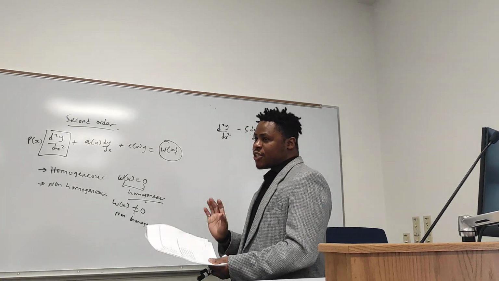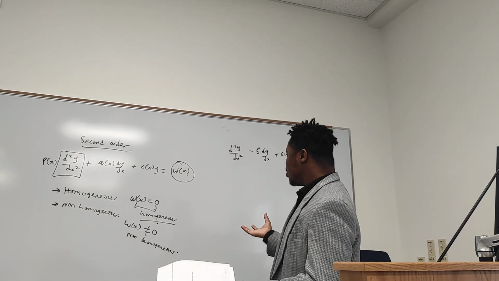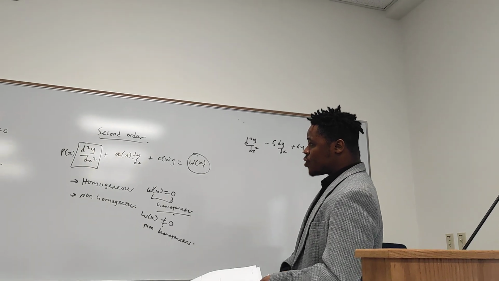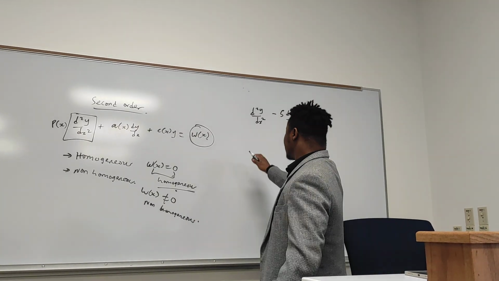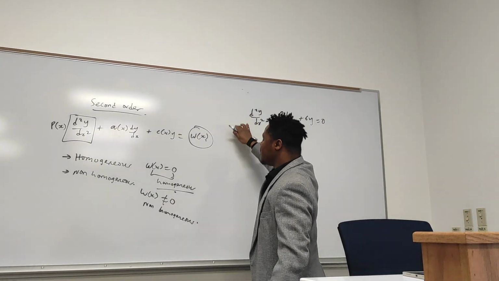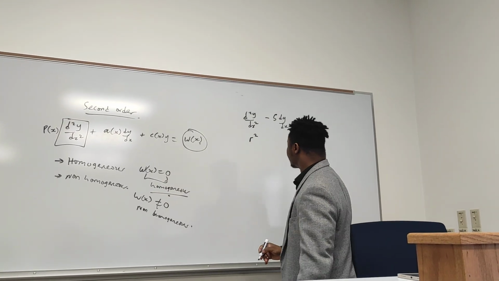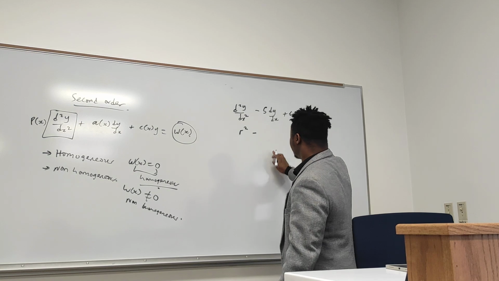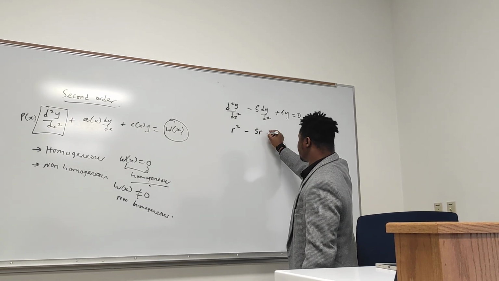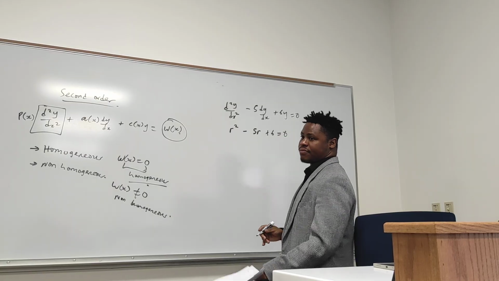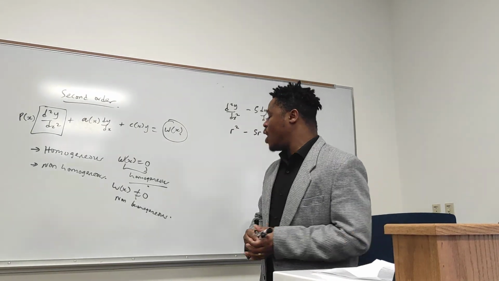So, the short way to solve it is, you know it's homogeneous, this is 0. You know it's second order, right? So what we want to do is, you assume it's r squared minus 5r plus 6 is 0. Let me take you a step backward to show you how I assume this.